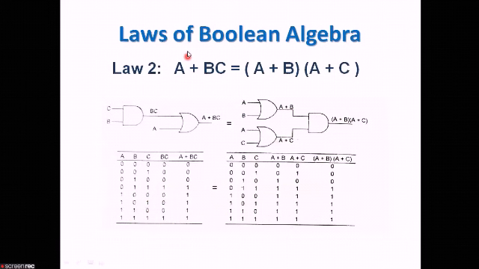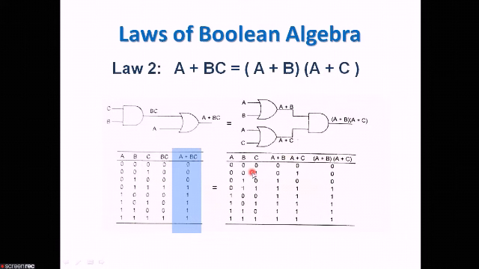Now consider this one. I've selected this one as I will need it in the second step. Next is this one, A, B and C, and the outputs are A plus B, A plus C. These two will again be acting as the inputs, and the last output is A plus B into A plus of C. So this one is 0, 0, 0, the outputs are 0, 0, and the ultimate output is 0.